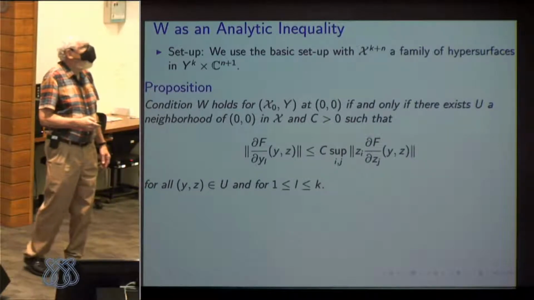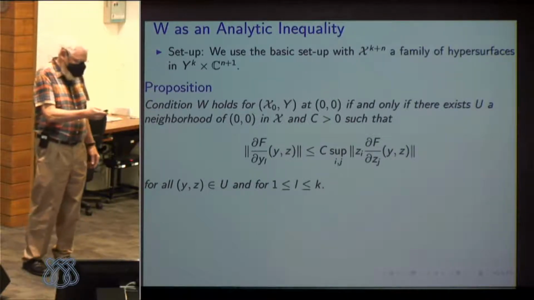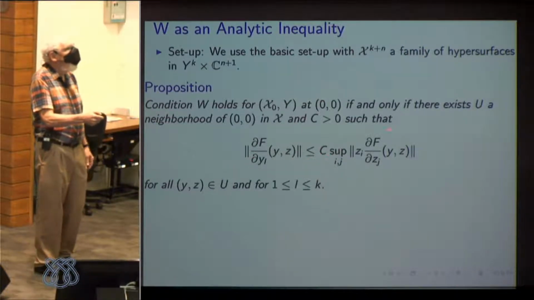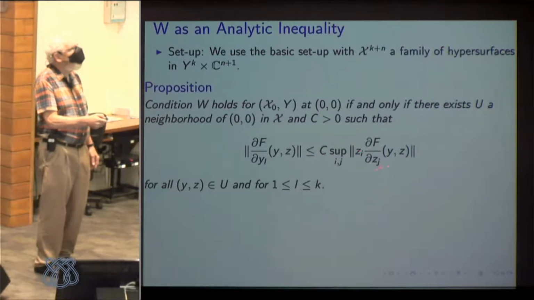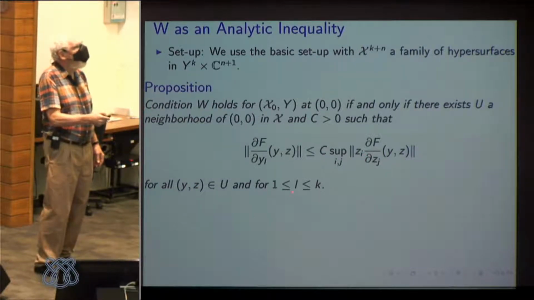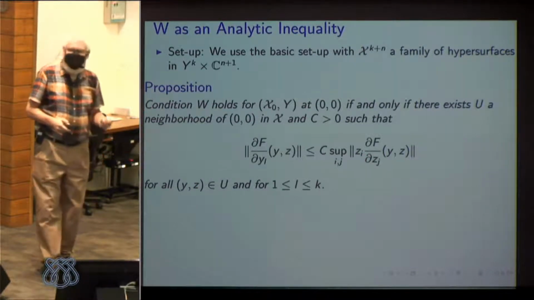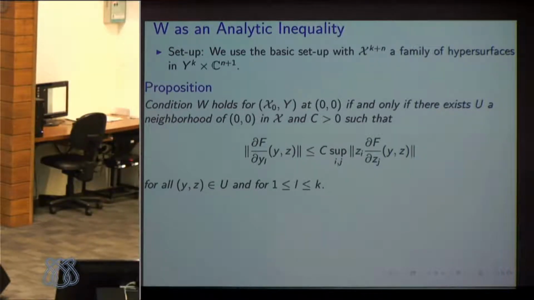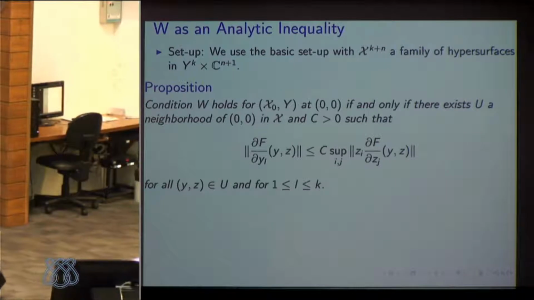We know that the theorem is that condition W holds provided that the partial of F with respect to Y is less than or equal to the sup of the partial of F with respect to Zj, for all (y, z) in some neighborhood U of the origin. So what we want to do is take the definition of distance that we started with, and recast it in terms of the defining equations. That's what we're going to do.